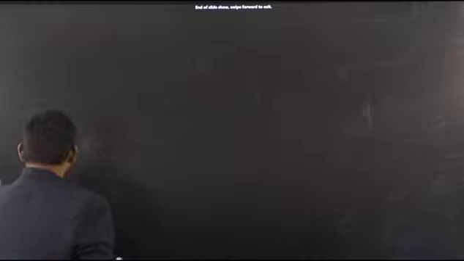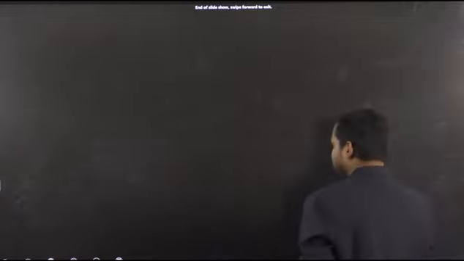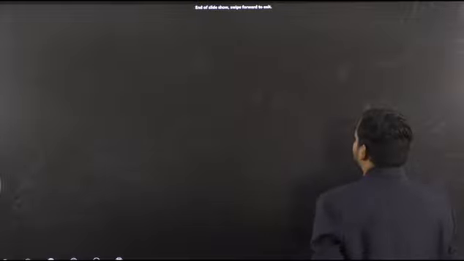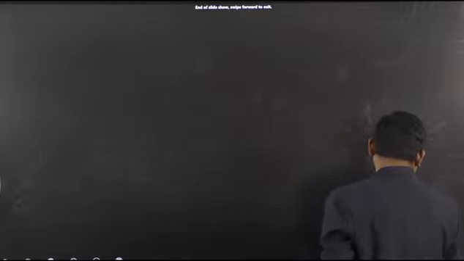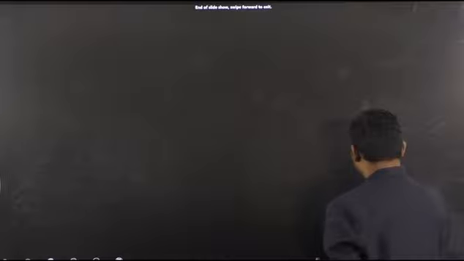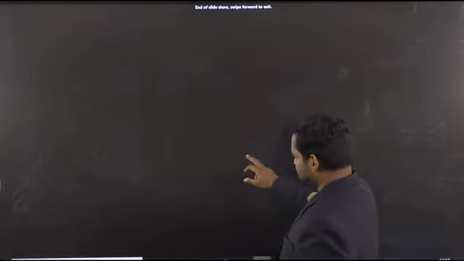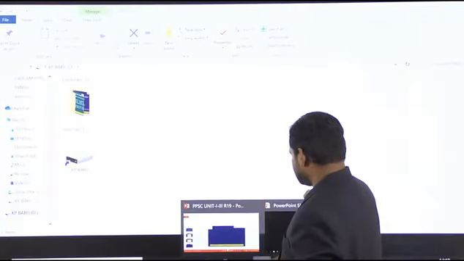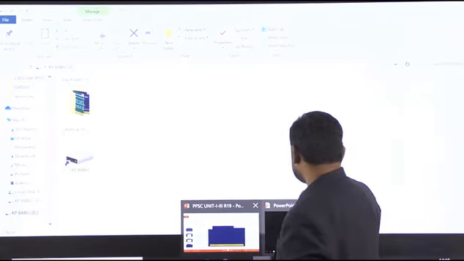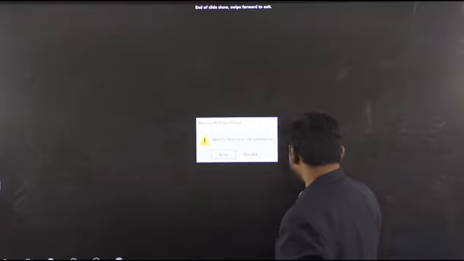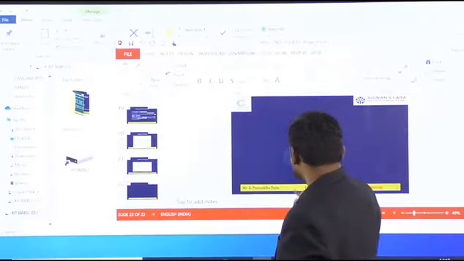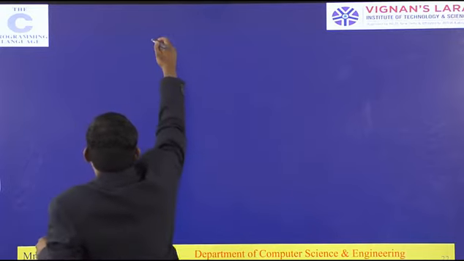What is going on? It is not visible. It shows the end of the slide show, but automatically it is not opening. So this is the end of the slide. This has to be shown, right? Yes. Come to the variable.